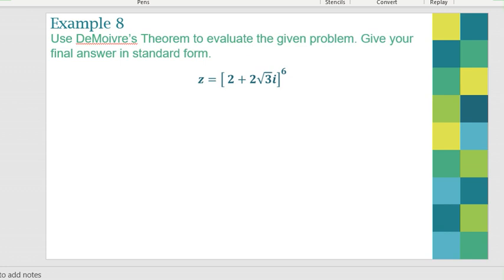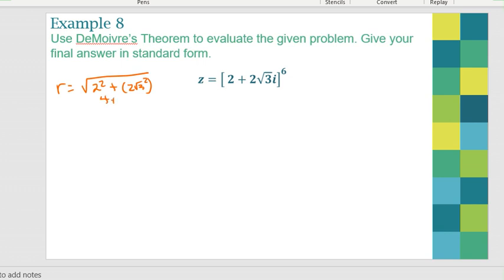Okay? All right. Last one. Give the answer in standard form. So when I'm done with this, I have to multiply back. So I've got to change it, because I don't want to take this on and raise it to the 6th power without being in standard form, because it's so much easier. So r is equal to the square root of 2 squared plus 2 root 3 squared. And that's going to give me 4.